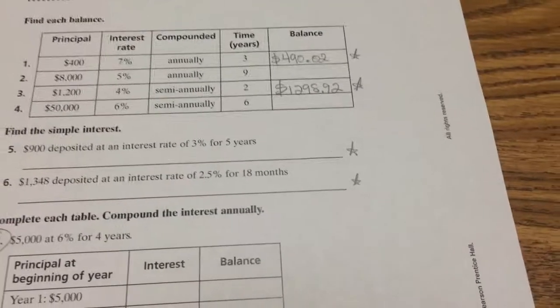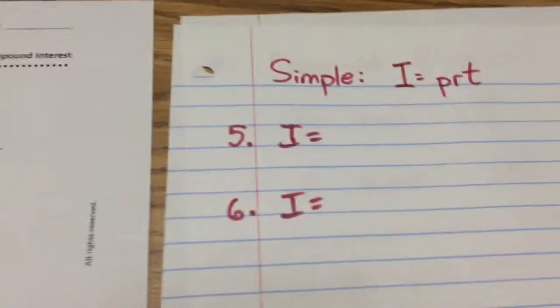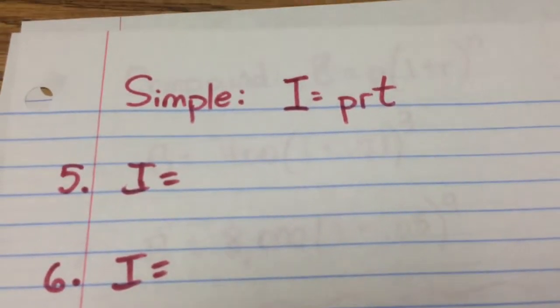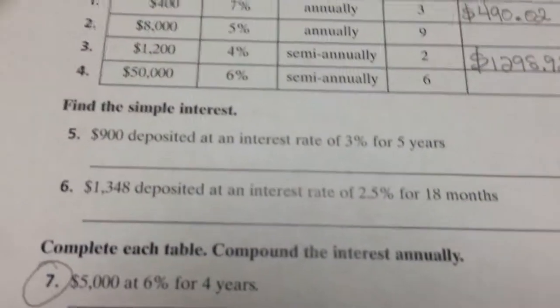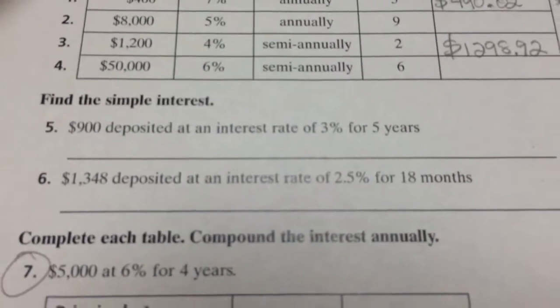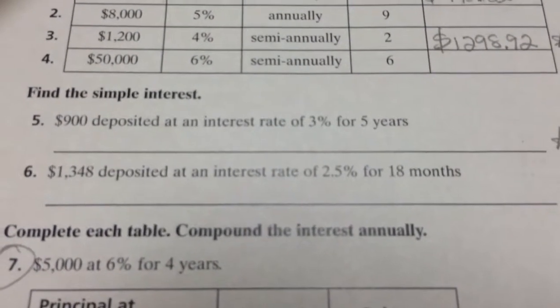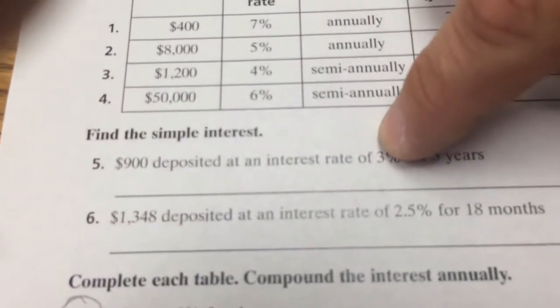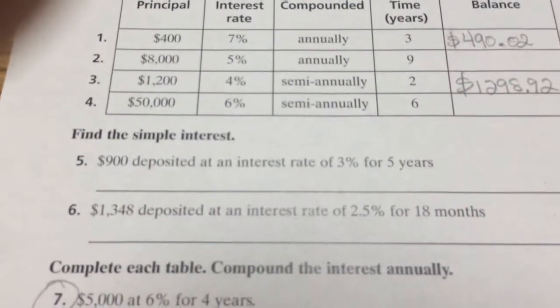And remember that simple interest has its own unique equation. It's a lot simpler. Interest equals principal times rate times time. So we're just going to take the numbers and multiply them all together. For 5, that's going to be 900 times 0.03, because I'm not going to use 3%, I'm going to turn it into a decimal, times 5.